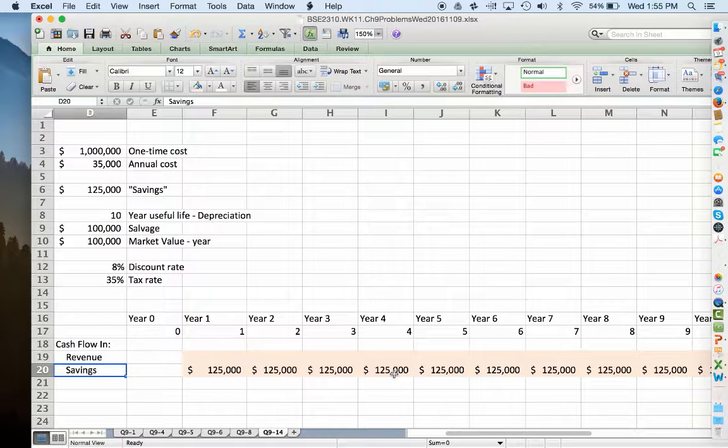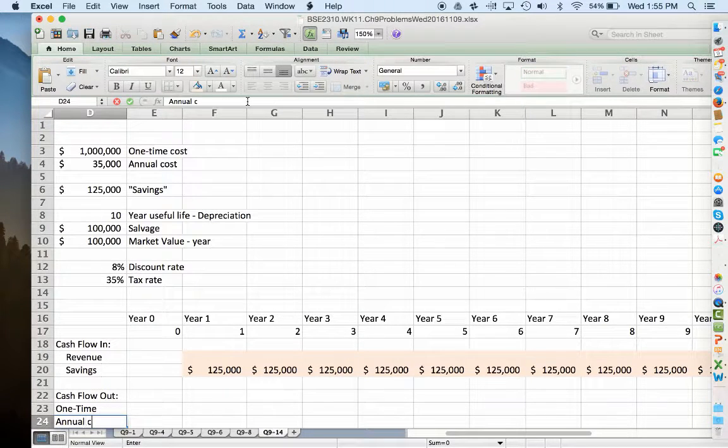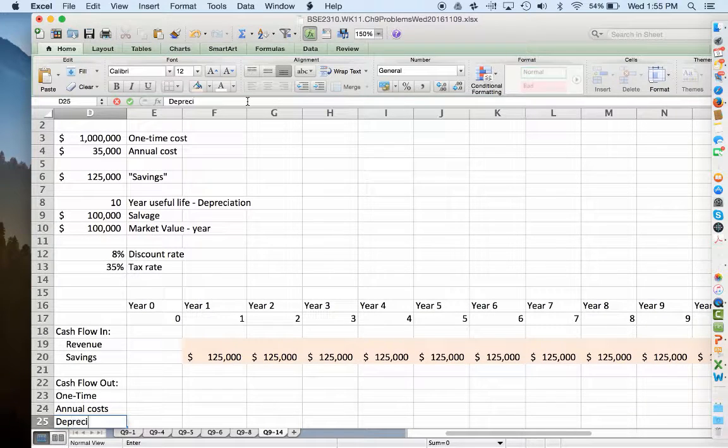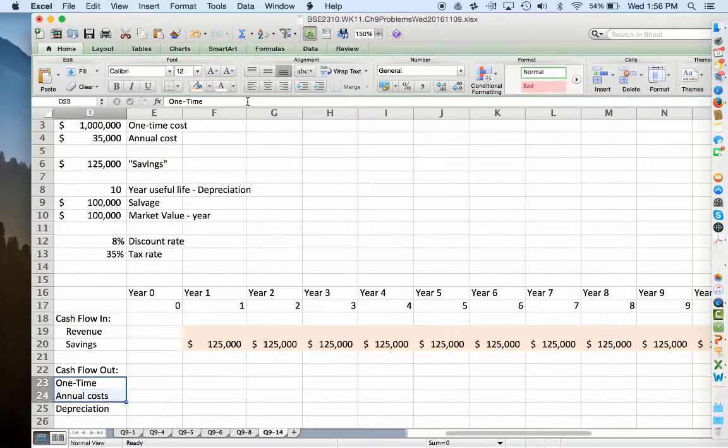The next thing I'm going to include then is the cash flow out. And I'm going to include the one-time cost, annual costs, and depreciation, because I happen to know that in this problem I have those things from reading it and summarizing the information above.